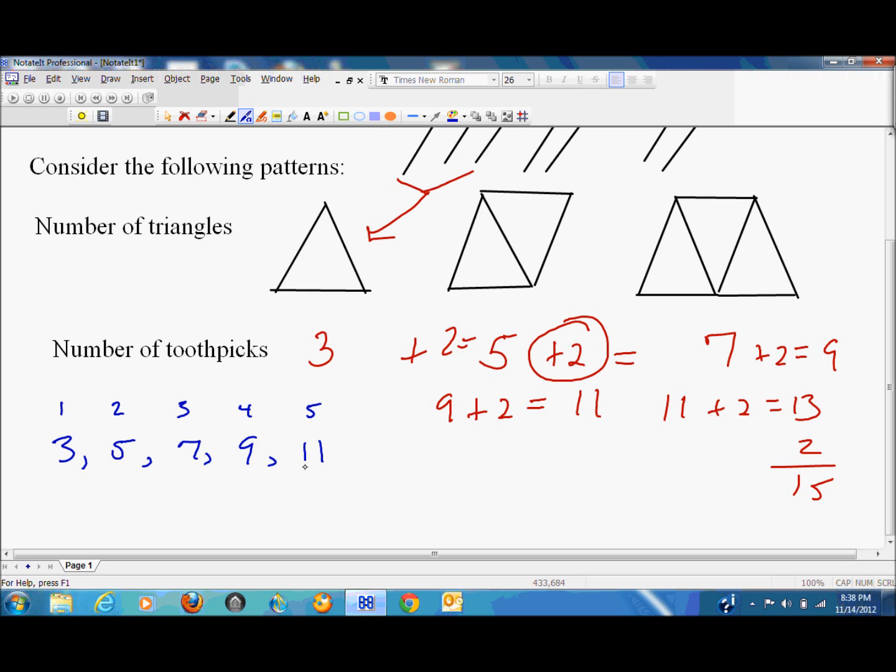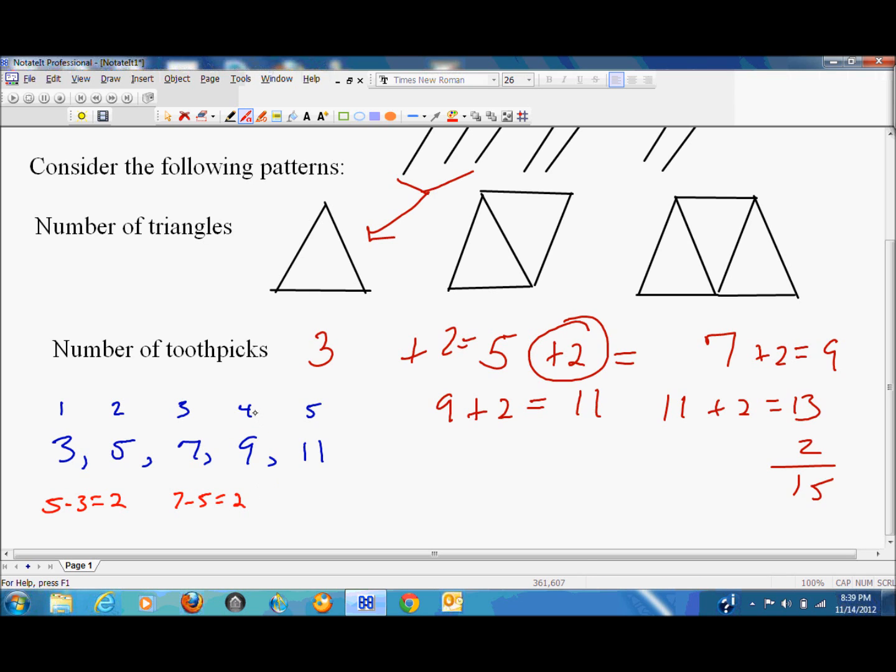So now let's come up with this difference that I told you about, what we have in common. I'm going to change ink one more time. If we take term 2 and subtract term 1, we will get 2. If we take term 3 and subtract term 2, we have 7 minus 5, which is also 2.